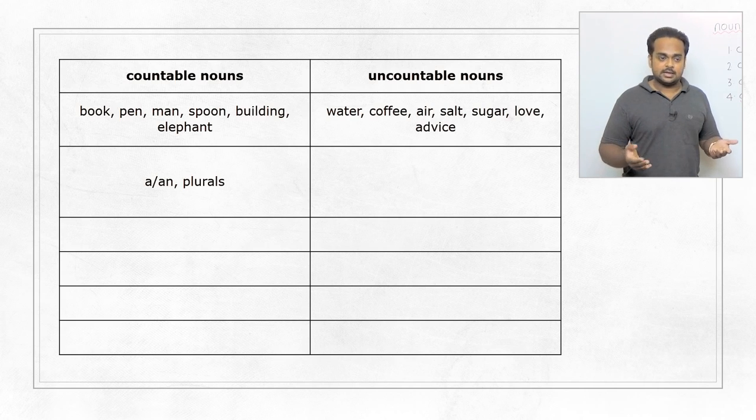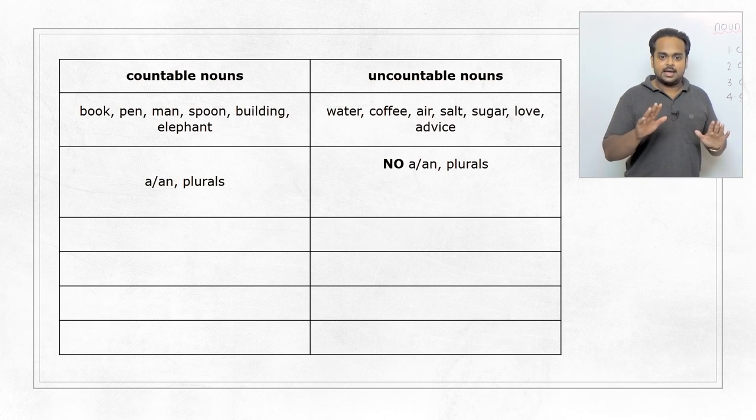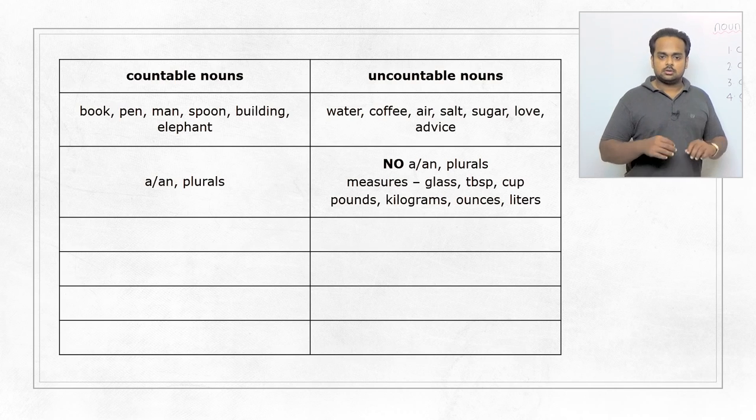And love and advice are abstract nouns because they're feelings and ideas. So most abstract nouns are uncountable. So with uncountable nouns, we cannot use plurals and we cannot use a and an. That is very important. But we can use units to talk about quantity.